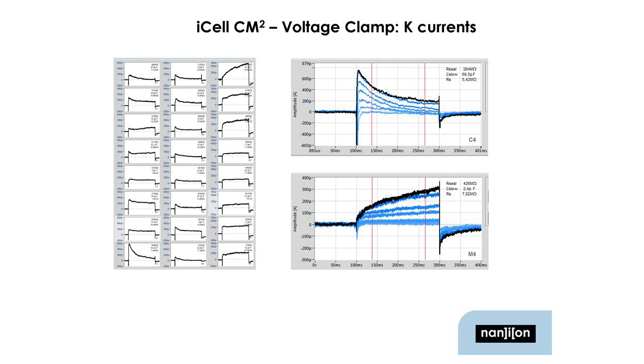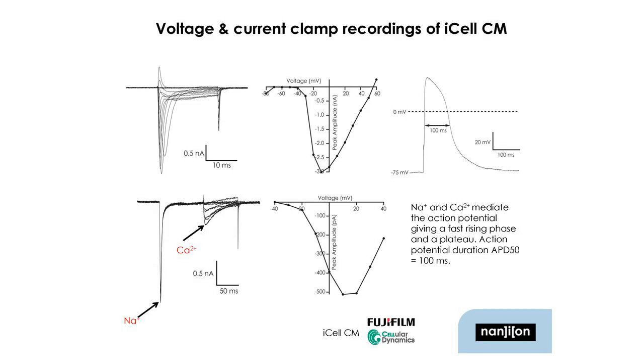And really, if I just take out one of these cells now and have a detailed look at the current density that the cells are showing. So here we have a nice sodium current, a calcium current here.